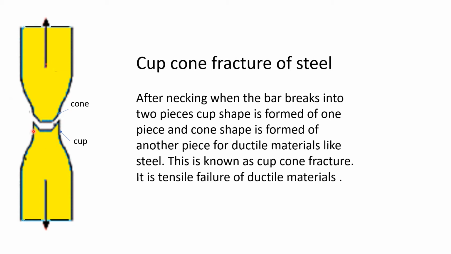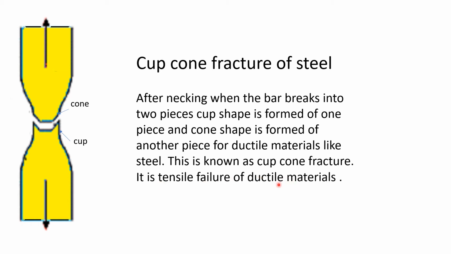And this can be very well observed in the practical, how the cup cone fracture takes place when the failure of steel takes place. Steel is a ductile material, and ductile material means we can draw wires from it, and it gives us a very good yield point and percentage elongation.